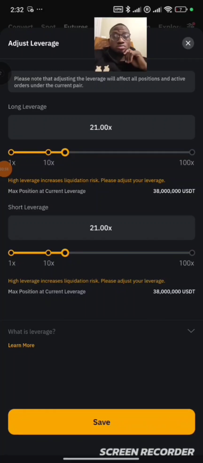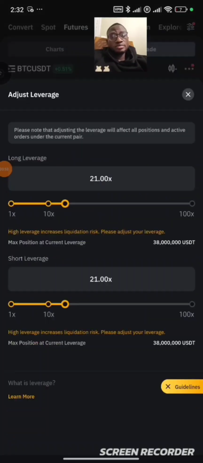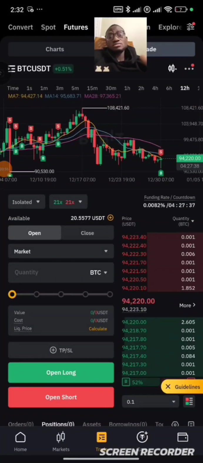Most times, especially when I'm trading Bitcoin, I use 20x, maybe 25x max, but my standard is 21x. If you follow me well in my Telegram group, you'll notice that most of my trades are always 21x.